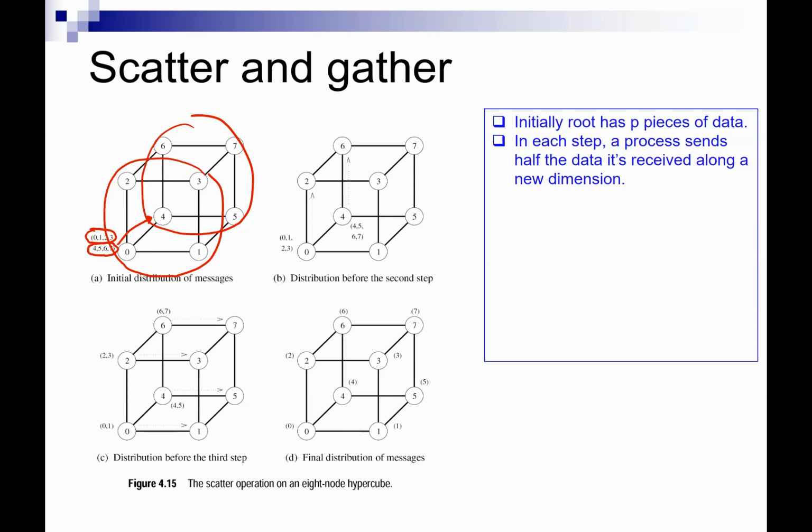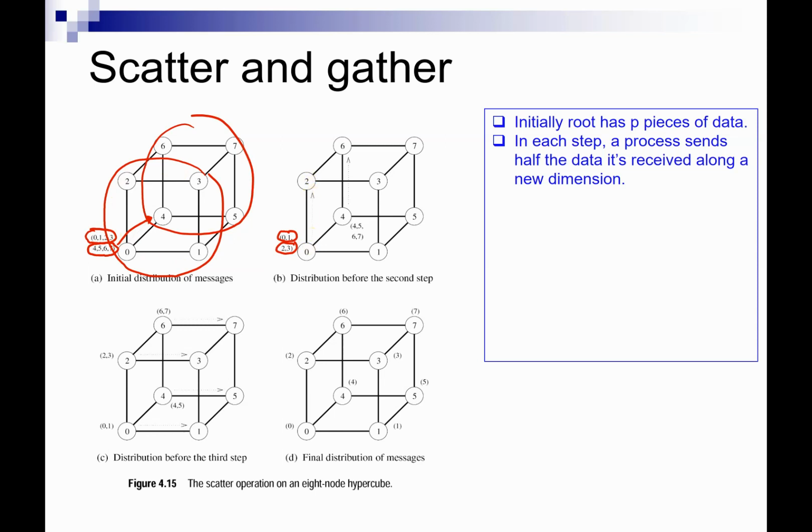On the next step, we're going to split the problem again. So 0 is going to just keep half of the values, the first half, and it's going to send the other half of the values to another process, process 2.